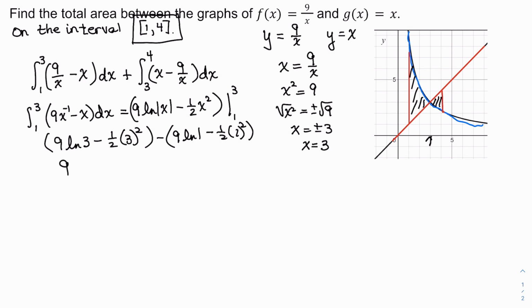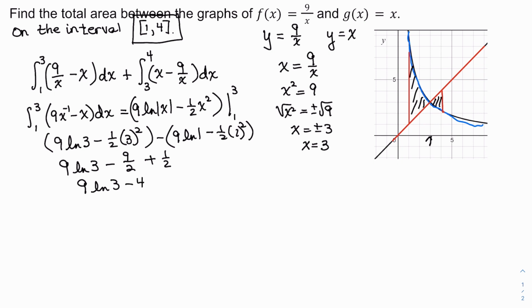So I have 9 times the natural log of 3 minus 9/2, and then the natural log of 1, remember that's 0. So 9 times 0 is 0, and then 0 minus 1/2 is negative 1/2, and minus negative 1/2 is plus 1/2. And I get 9 times the natural log of 3, minus 9/2 plus 1/2 is minus 8/2, so that's minus 4.